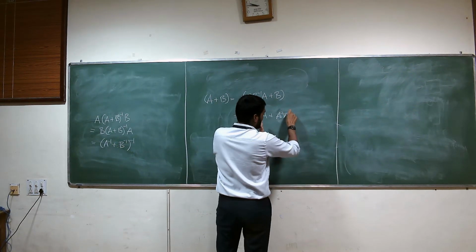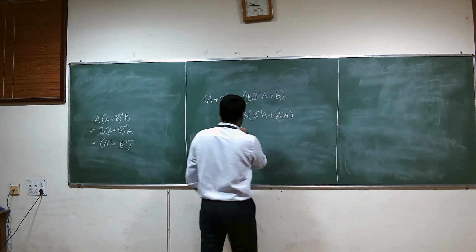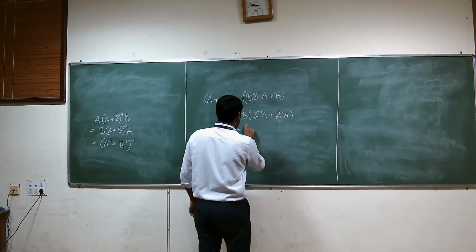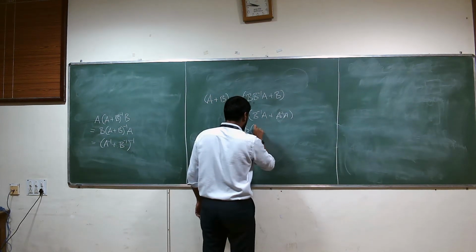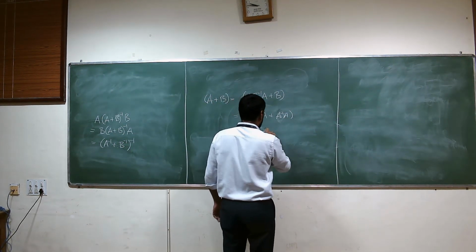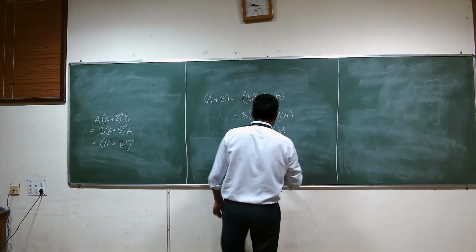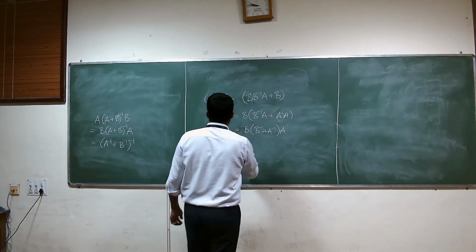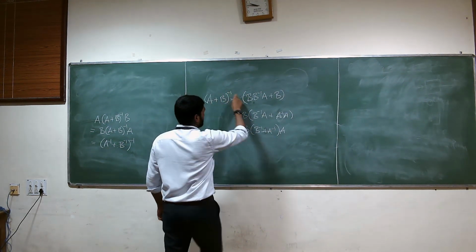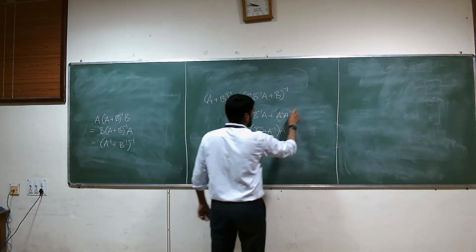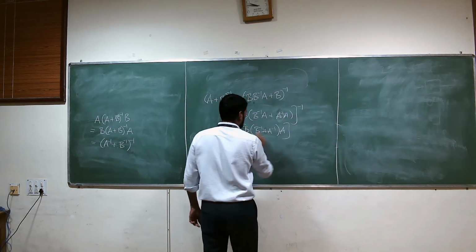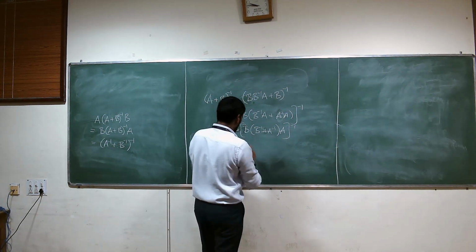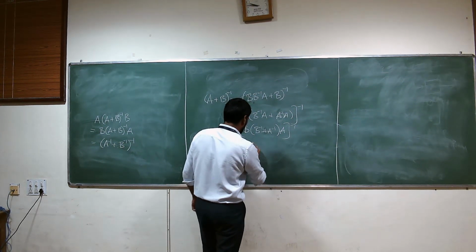That means I have to write it like this if I want to take a out. So you get, yeah, that's right. That'll be a. Now I have an inverse here, inverse here, inverse here, inverse here. That means this would be equal to the whole thing, a inverse.